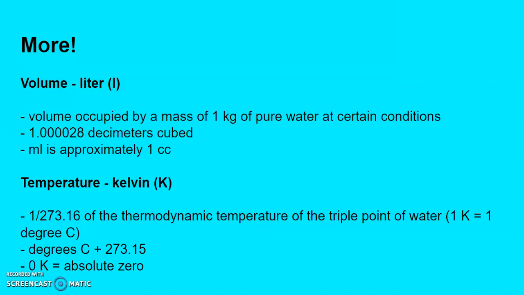So Kelvin is actually what you get when you start with no motion. When you add 273.15 to degrees Celsius, that will give you the temperature in Kelvin. Or another way to think of this is that negative 273.15 degrees Celsius is equal to 0 Kelvin.